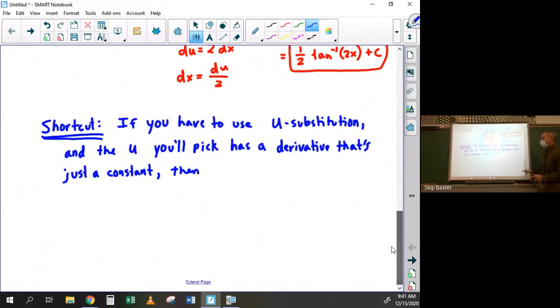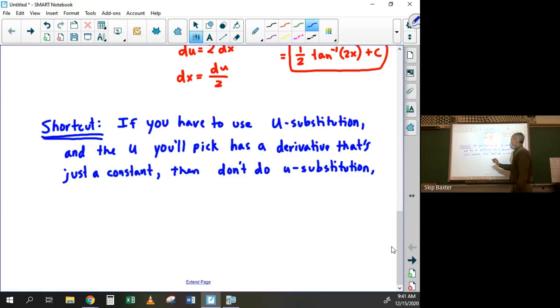You'll save yourself a lot of time doing that, because that happens quite often. If you have to use u substitution and the u you'd pick has a derivative that's just a constant, then don't do u substitution, but just divide by the constant in the end.